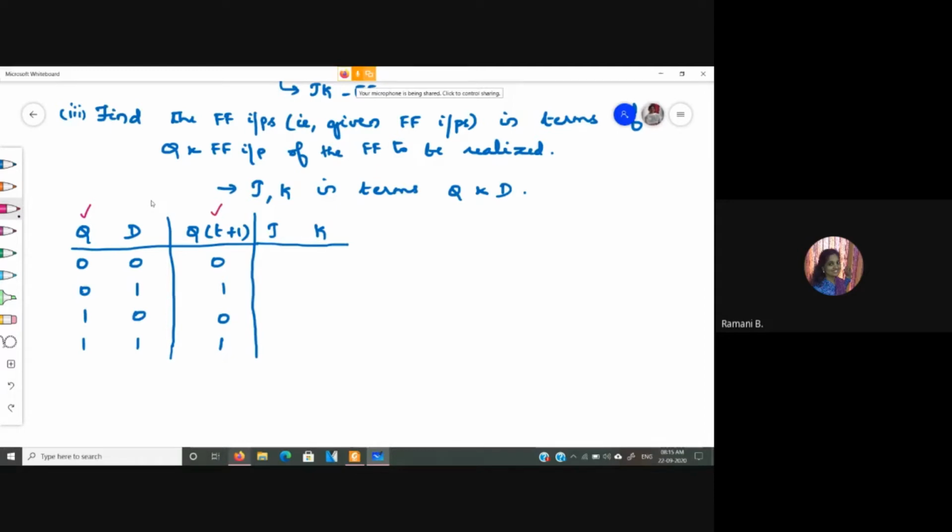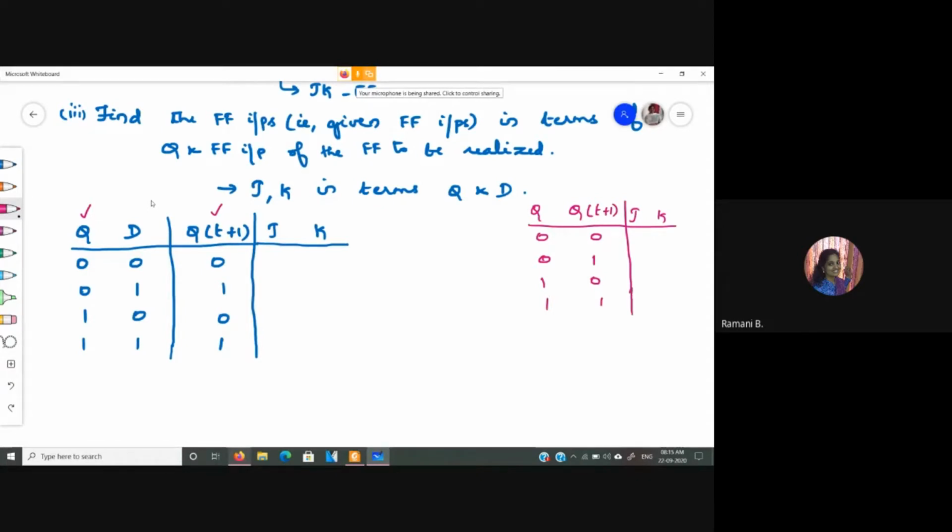With this, we have to write the values of J and K. With present state and next state, maybe we can write the excitation table of JK flip-flop so that it would be easier for you. So 0, 0, 0, 1, 1, 0, and 1, 1.